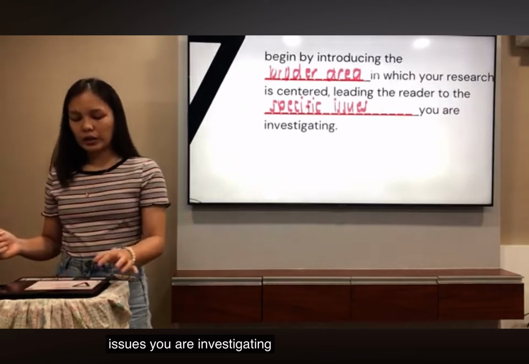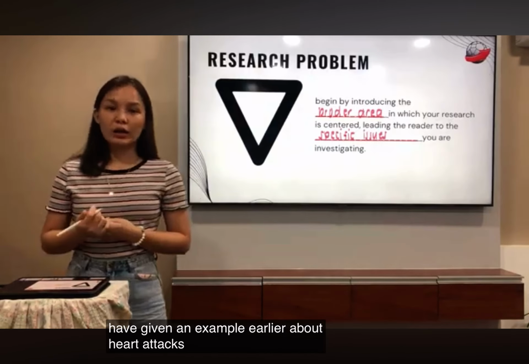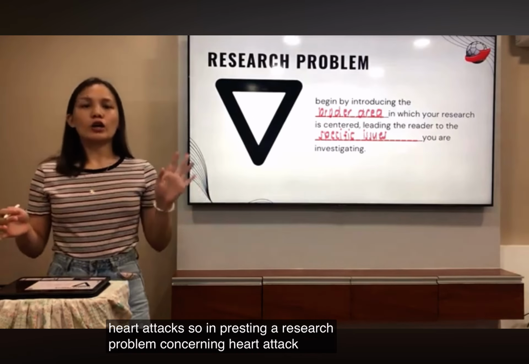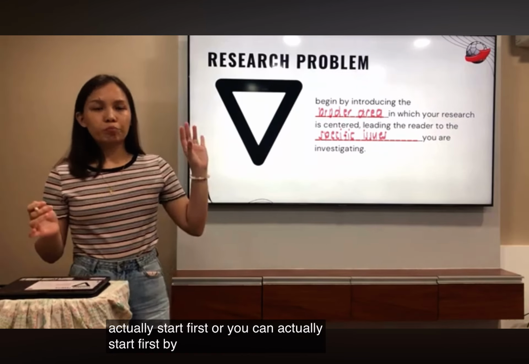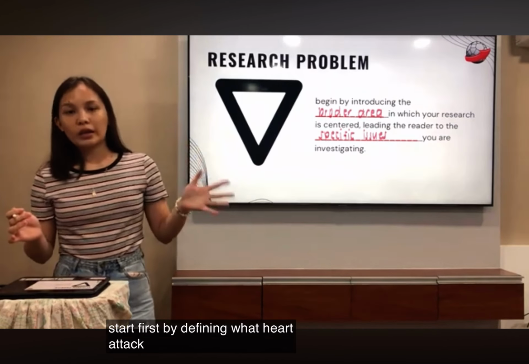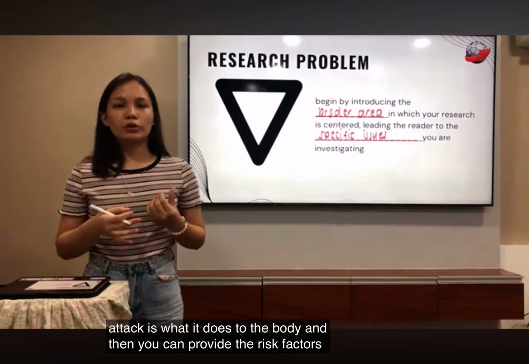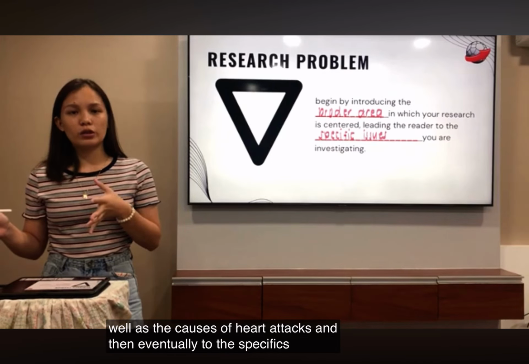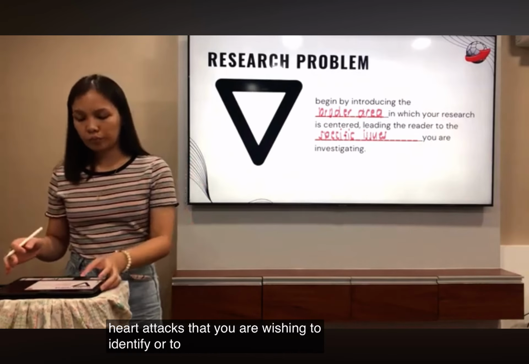you are investigating. Now, as I have given an example earlier about heart attacks, in presenting a research problem concerning heart attack, you can start first by defining what heart attack is, what it does to the body, and then you can provide the risk factors as well as the causes of heart attacks, and then eventually the specifics of heart attacks that you wish to identify or to solve.